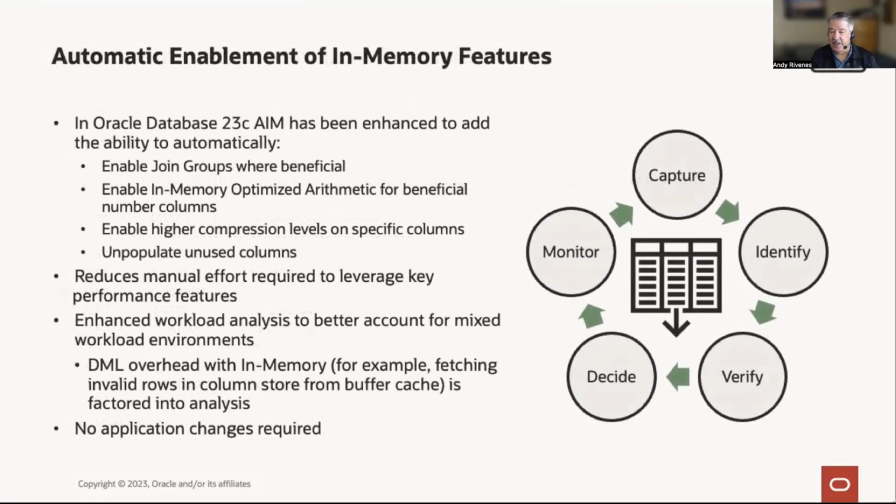So let's get into the meat. What I think are these next 2 features are biggies, in my opinion, for making the column store and Database In-Memory easier to manage. The first one is enablement of, so Automatic In-Memory can now, not only populate and evict objects based on heat map usage statistics, but based on the usage, we're keeping track under the covers of how those objects are being used.